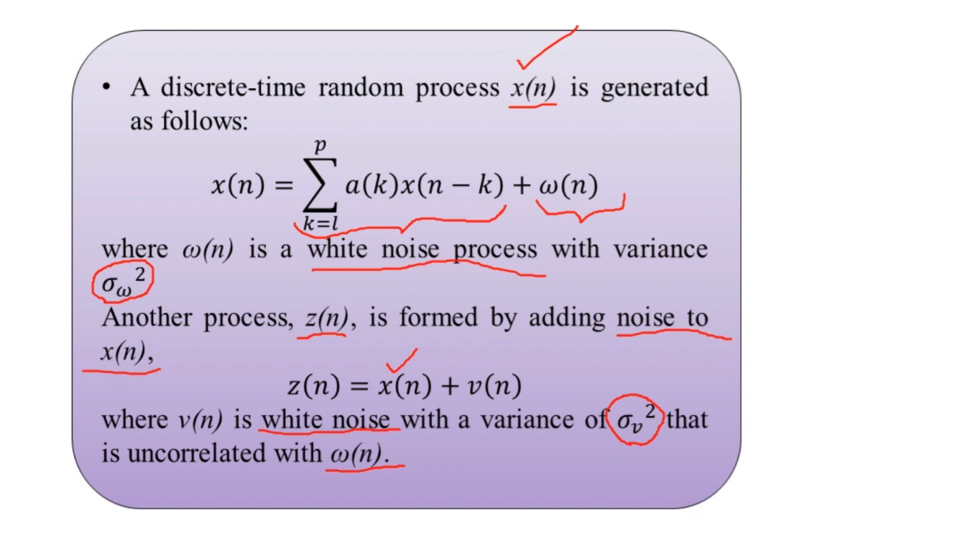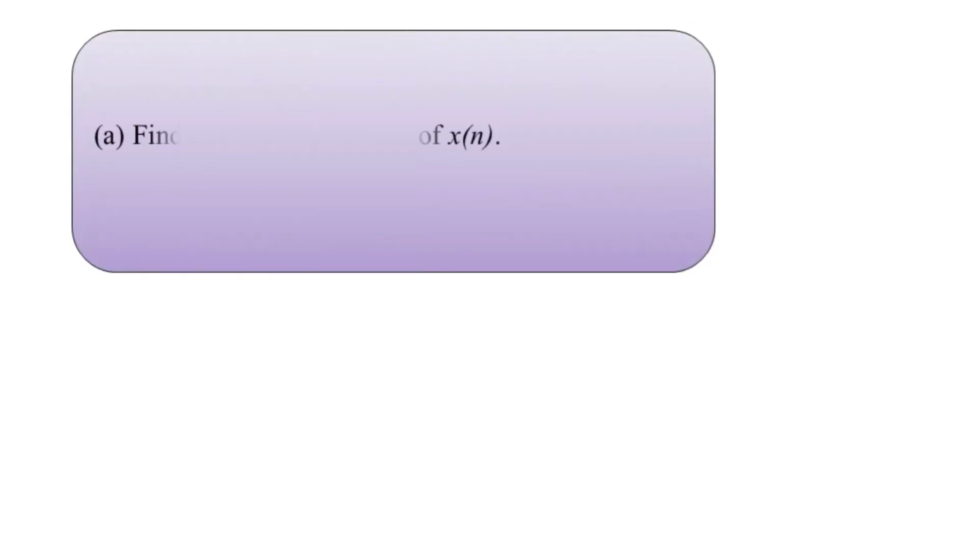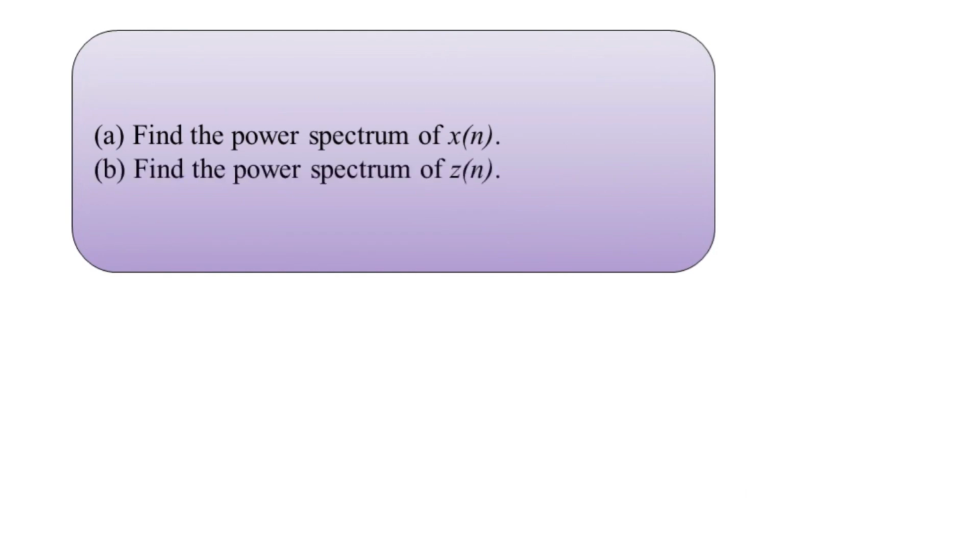So we first of all focus our attention on the solution of part A. Part A is finding the power spectrum of x of n and then finding the power spectrum of z of n. For part A, as we have seen, x of n is the random process, and we can call it the output of an all pole filter driven by the white noise.